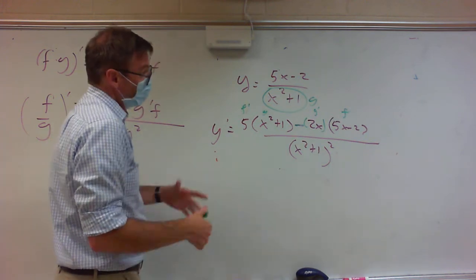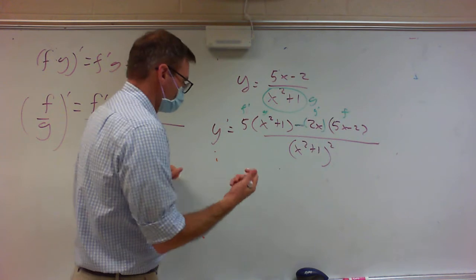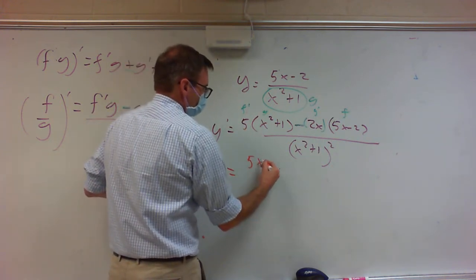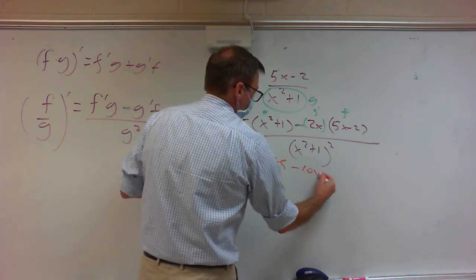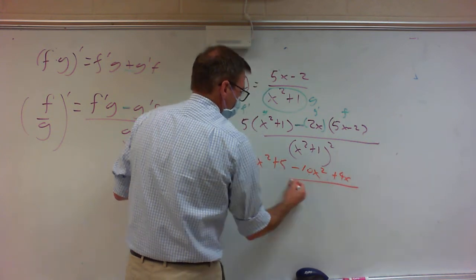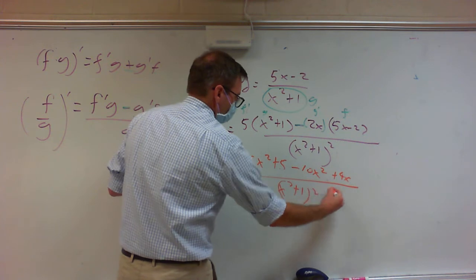All right. Well, and so now we've got to clean the top up. So clean the top up, I get 5x squared plus 5 minus 10x squared plus 4x all over x squared plus 1 squared.